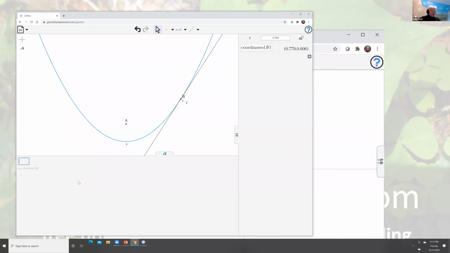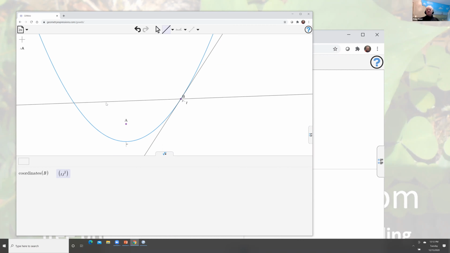So in this symbolic panel, if we ask for the coordinates of b, we get (t, t squared). So numeric panel over here, symbolic panel down here. What I want to do is create a line parallel to the x-axis.